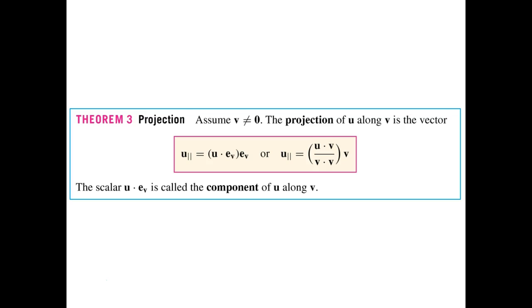And the dot product of a vector with itself is its magnitude squared. If it's not the zero vector, that's a positive value, so you're okay with that. So that scalar, U dot the unit vector in the direction of V, is called the component of U in the direction of V. And that's the same as projection.